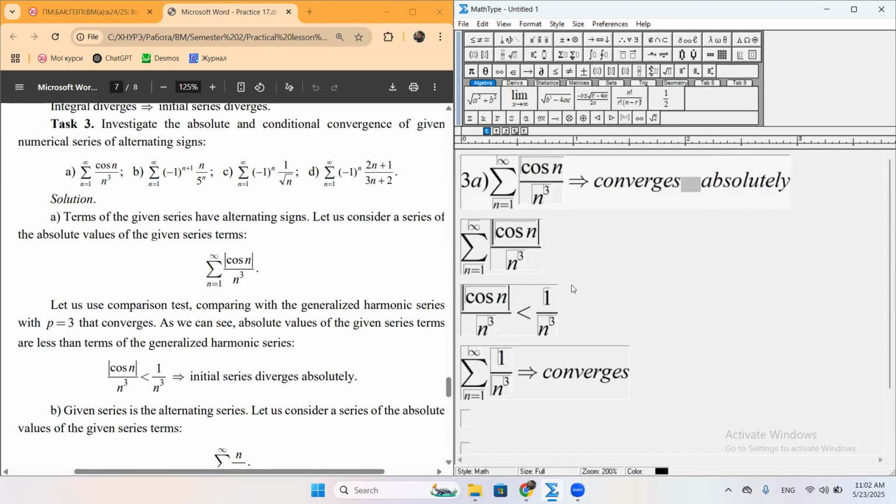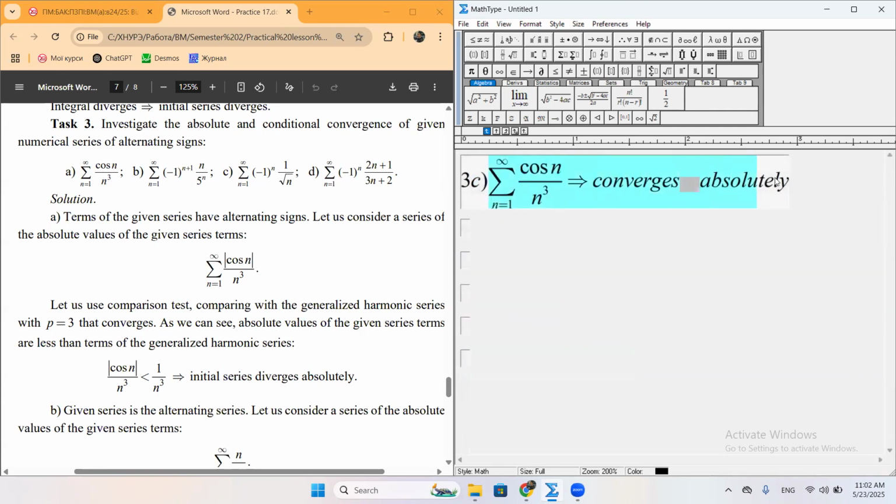Any questions about this exercise? No questions. Okay, no questions. So let's skip B and move to 3C, a more interesting case. So we have the alternating series. What does alternating series mean?